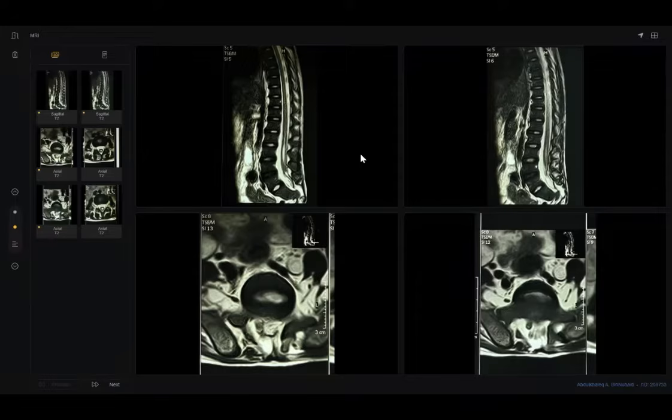Plus with the tethering of the cord, is there any T1 weighted images available? No, all T2. So what's your final diagnosis, doctor?